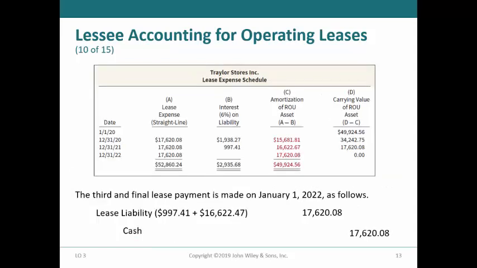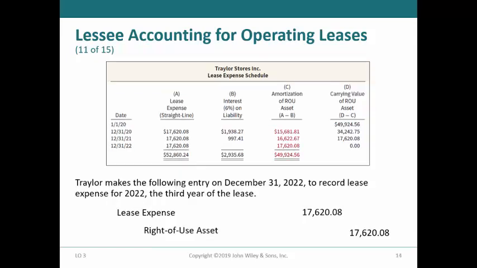And we make the final lease payment on January 1st, 2022 and debit lease liability and credit cash for $17,620.08. The final lease expense will be debited for $17,620.08 and this entire amount will be credited to the right-of-use asset for amortization. Now both the lease liability and the right-of-use asset are no longer on the books of Trailer.